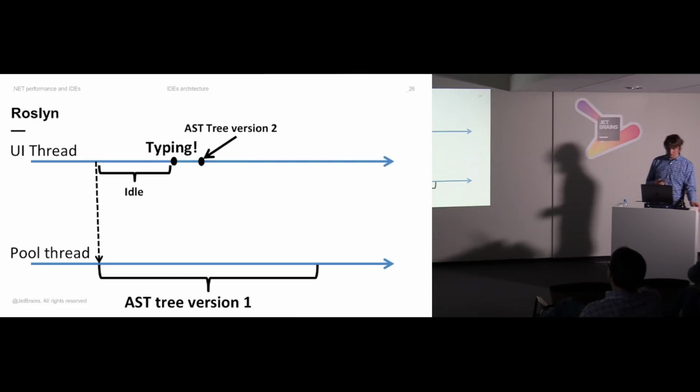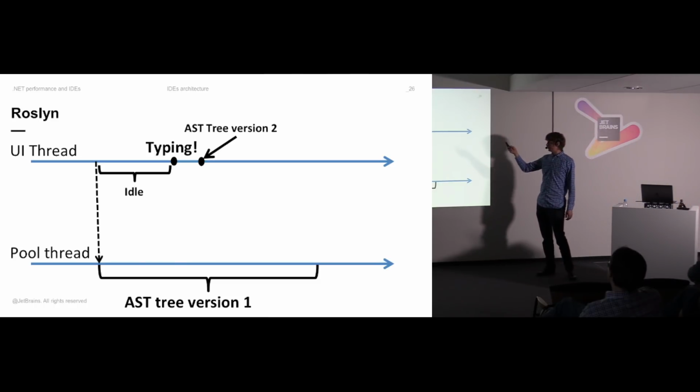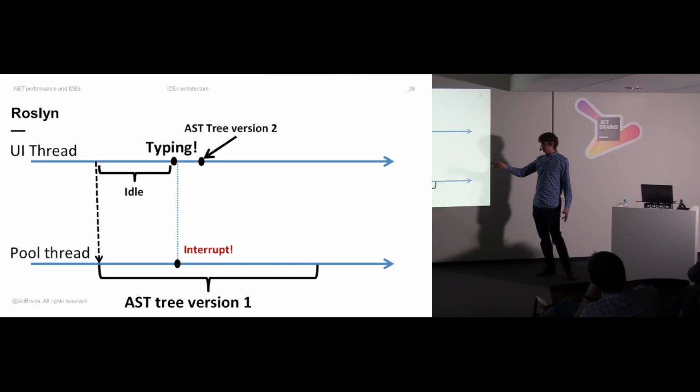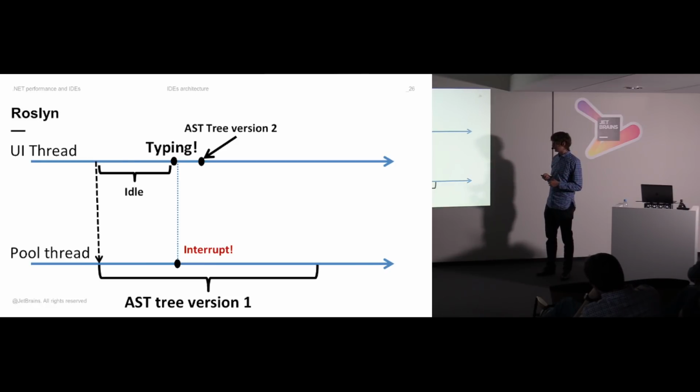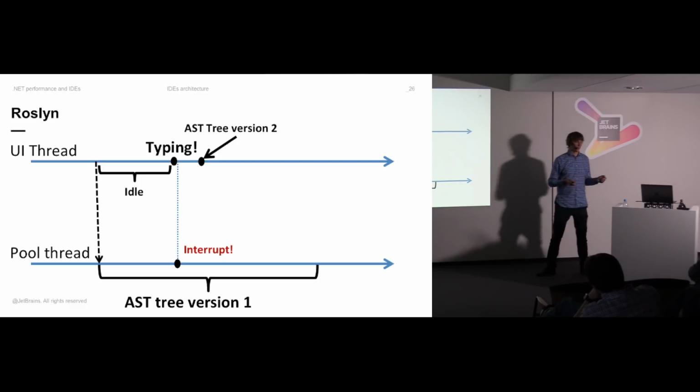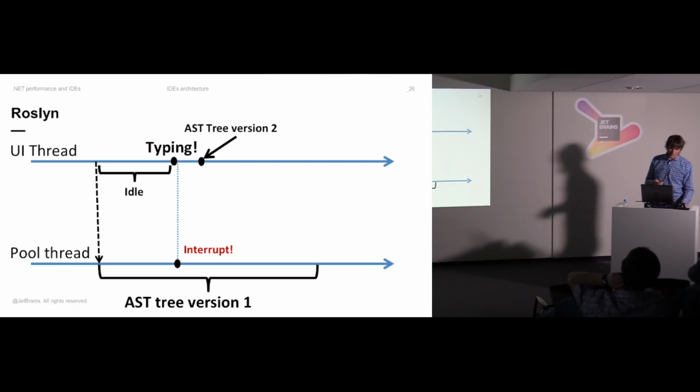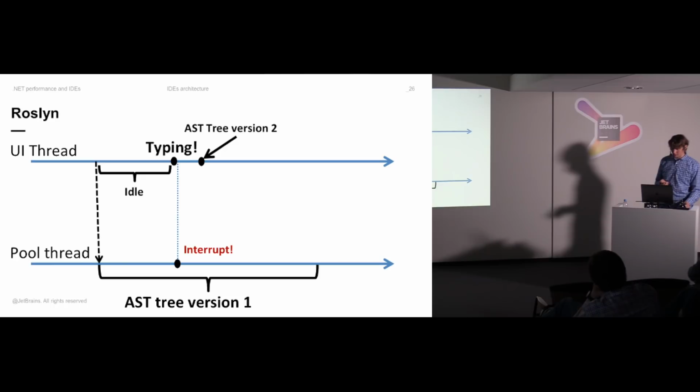What happens here is that I changed the tree to a new version, and here I just have to interrupt and say, hey, a new version of the tree occurred in the UI thread. No need to continue the execution in the background thread. That's it. Because of that, maybe people started to write analyzers on the Roslyn API, not on ours. We solve it by supporting both.